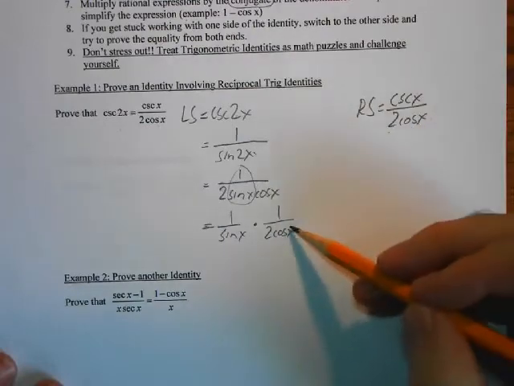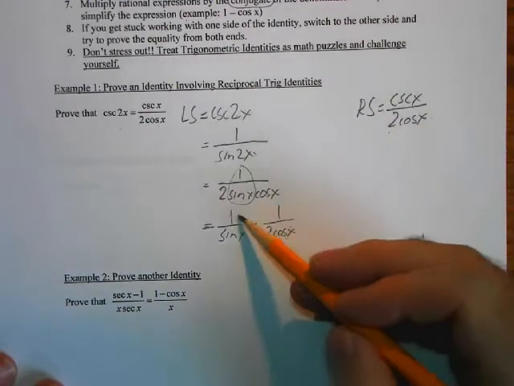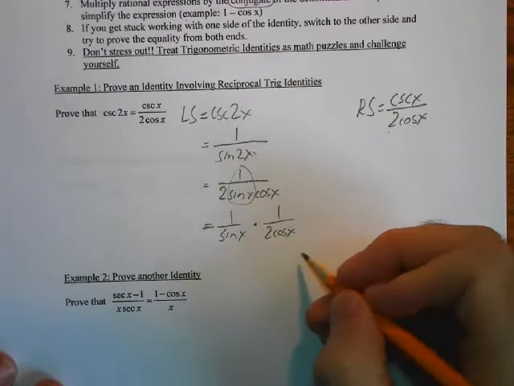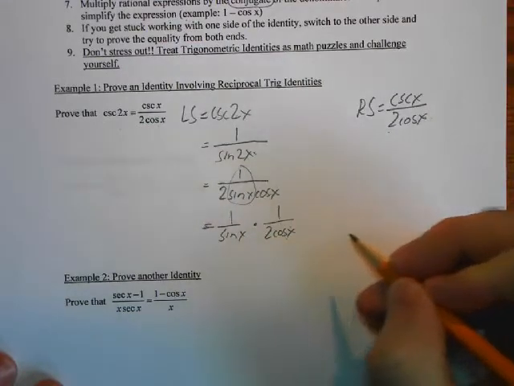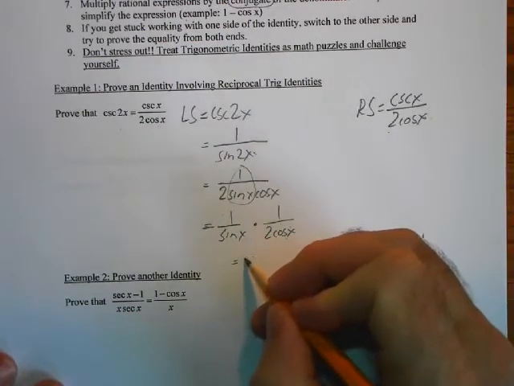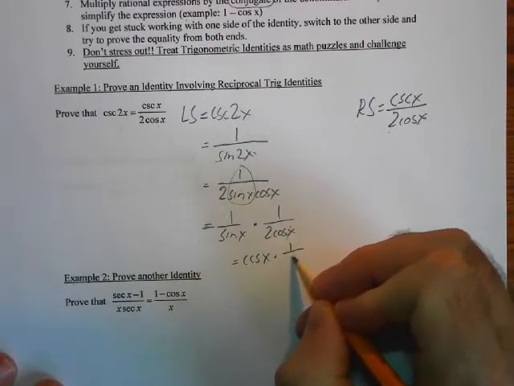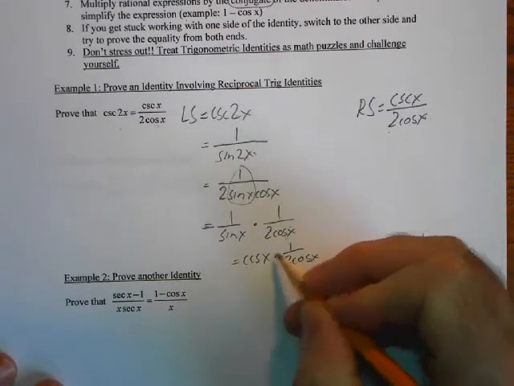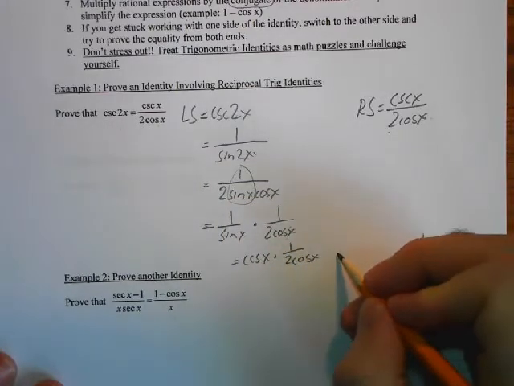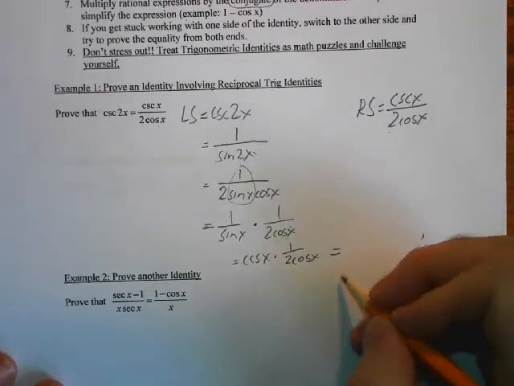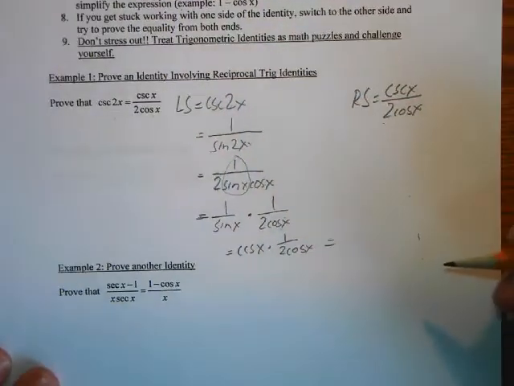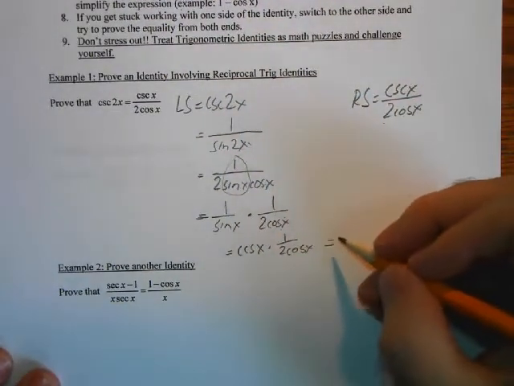I've got the 2 cos x perfect. Now at this point I'm going to change, kind of running out of room here. So that's going to be cosecant x times 1 over 2 cos x, and at that point I can put them together. I'm just going to squeeze this over here. Normally it would go in a straight line, but we're running out of room.